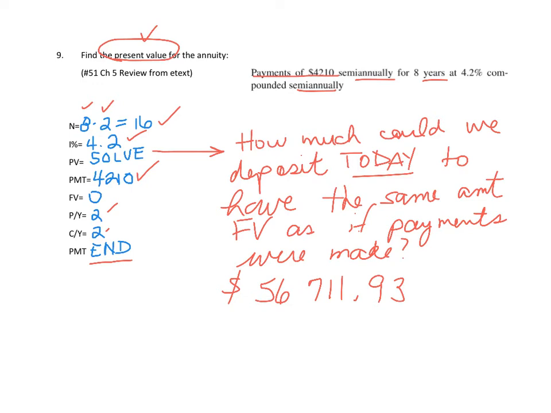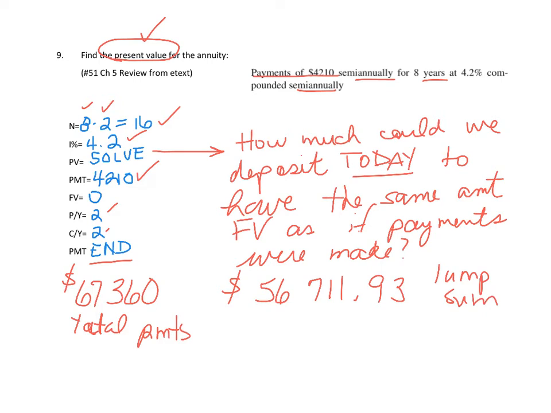And if we actually took the payment route, then in order to have the same future value, we would be actually depositing $67,360, and that's the total of the payments. And this is the lump sum.